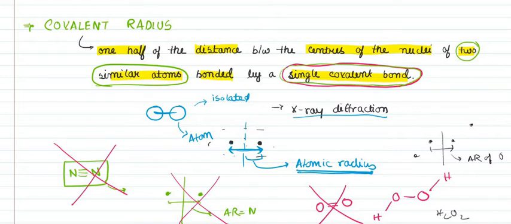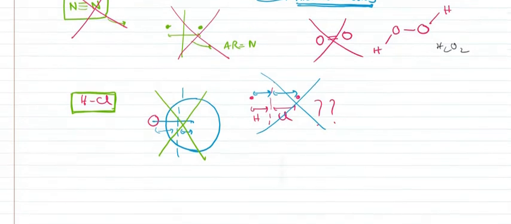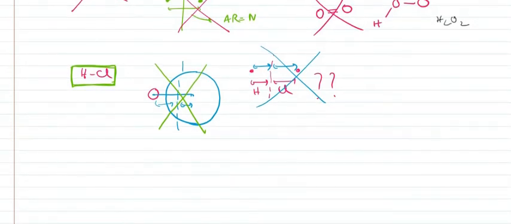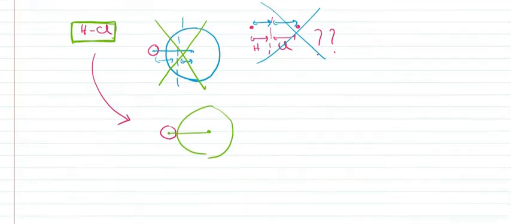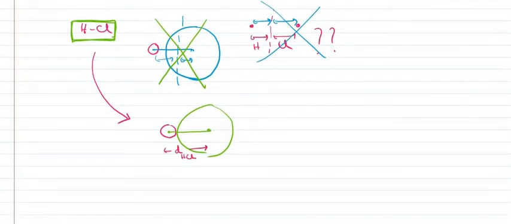Okay, but still this HCl, we can do something with it. This is the H, it's the chlorine. Okay, what we can do here is, now we can do something with this HCl, right?